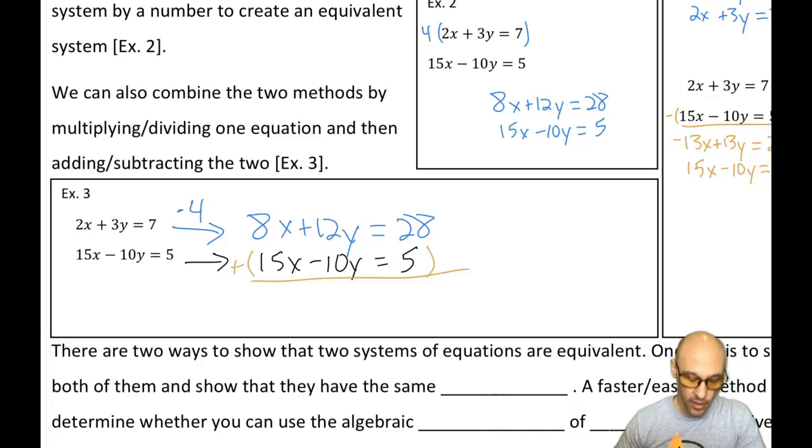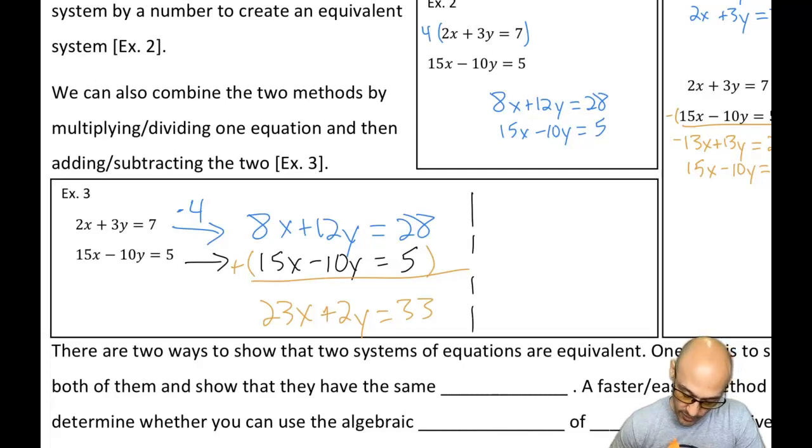And we'll get, let's see, 23x. That's 8x plus 15x is 23x. 12y plus a negative 10y is plus 2y. And 28 plus 5 is 33. All right, so now we have this new equation, 23x plus 2y equals 33.